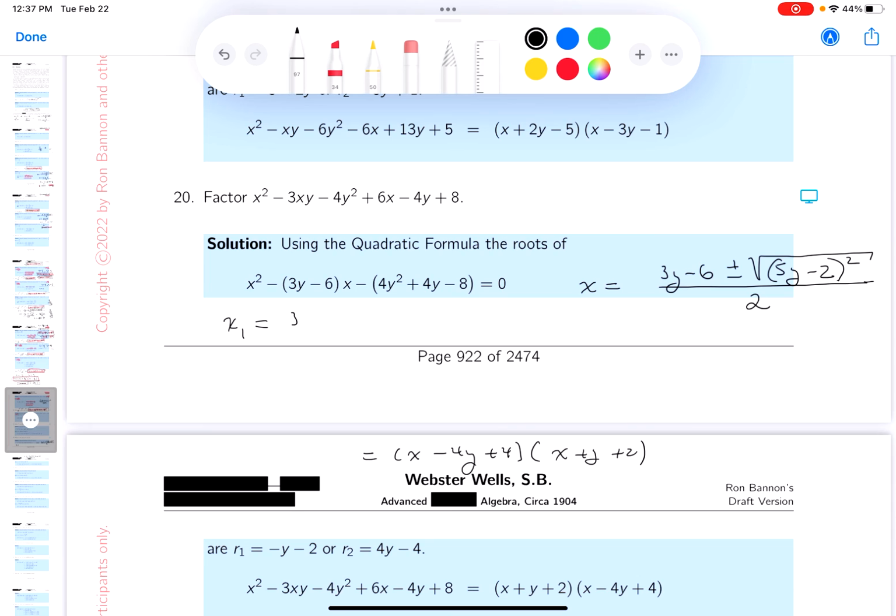That's going to be 3y minus 6 plus 5y minus 2 over 2. I'm going to write down x2 as 3y minus 6 minus 5y plus 2 over 2. For x1, you get 3y and 5y is 8y, so that's 4y.